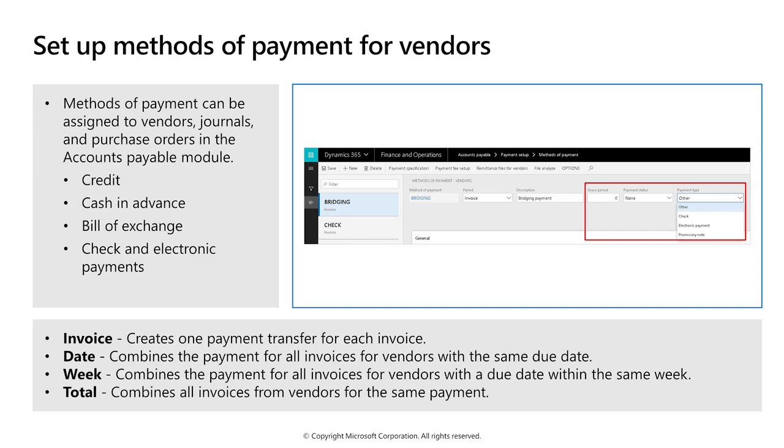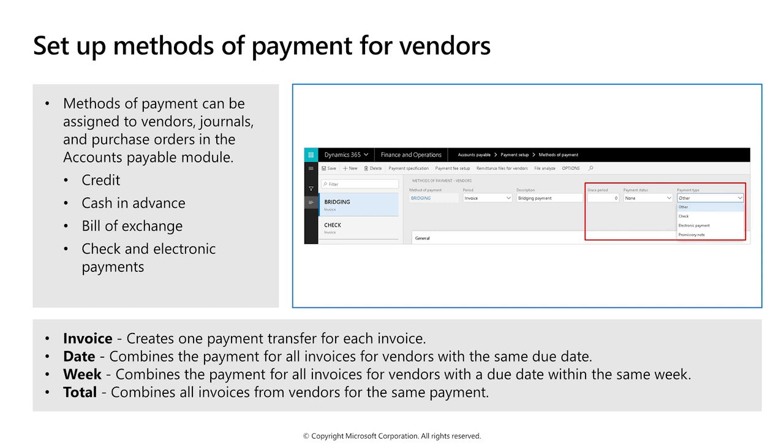Electronic payment means the method of payment is electronic, such as electronic funds transfer, EFT. When this payment type is used, the system performs bank validation that is skipped if we use another payment type. Promissory note means the method of payment is the promissory note.